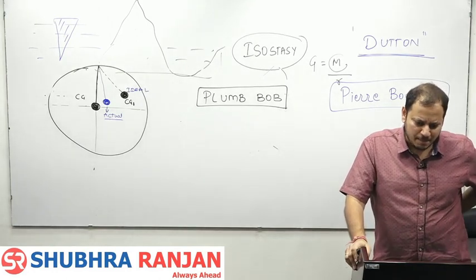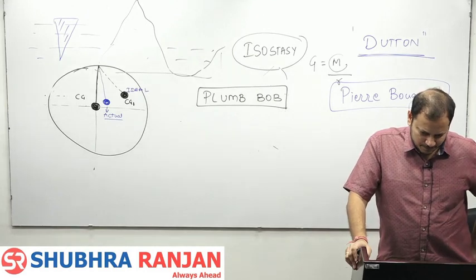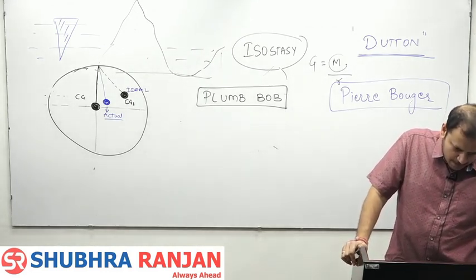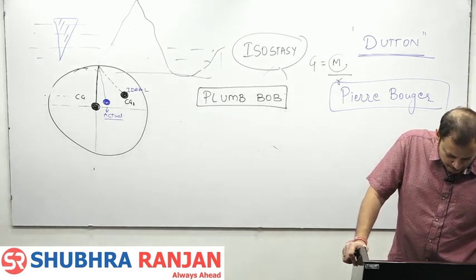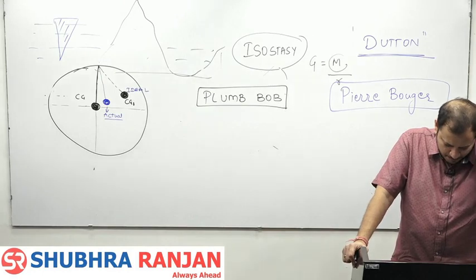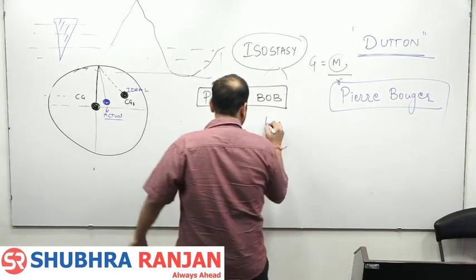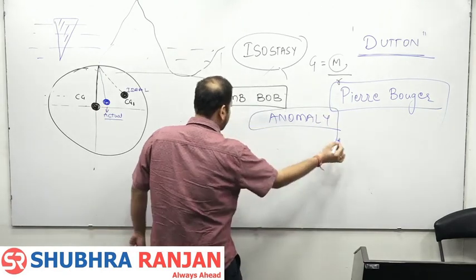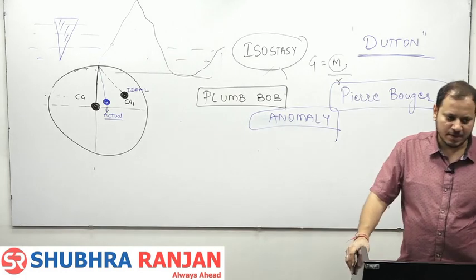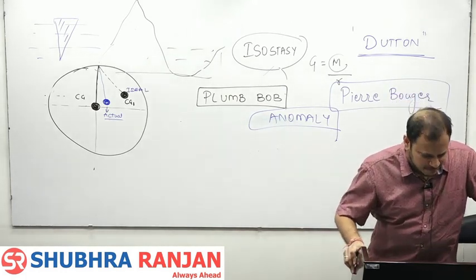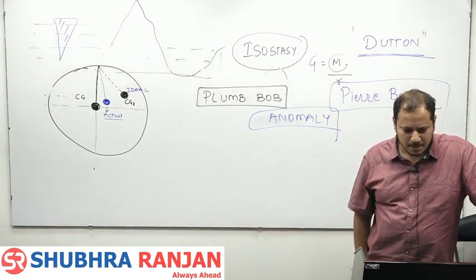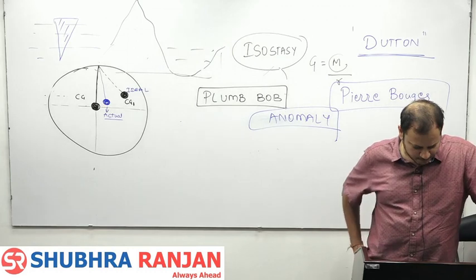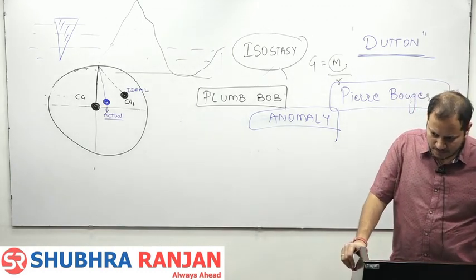Pierre Bouguer found anomaly, मतलब mismatch, anomaly or discrepancy, you can write, or discrepancy in the deflection of plumb bob, between the calculated value and actual observations.